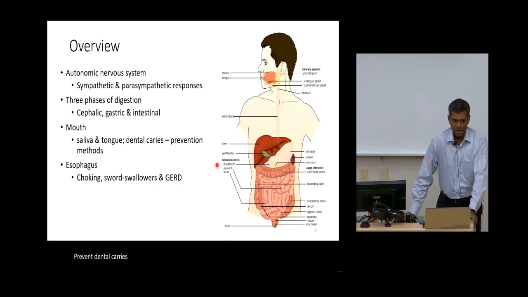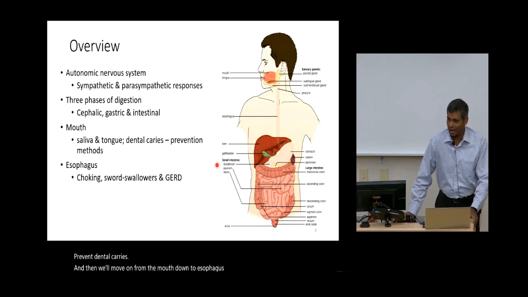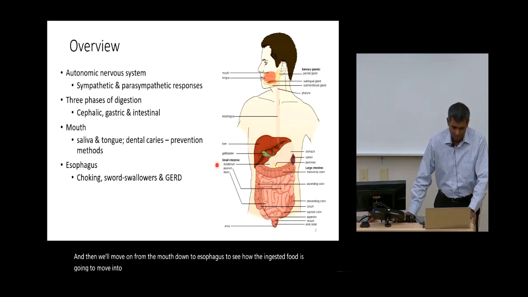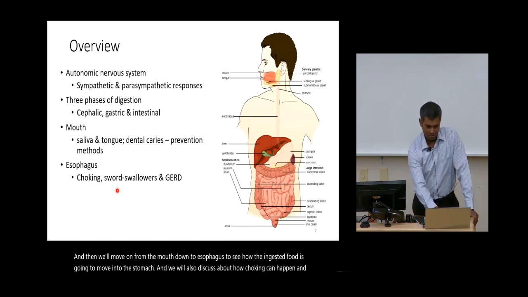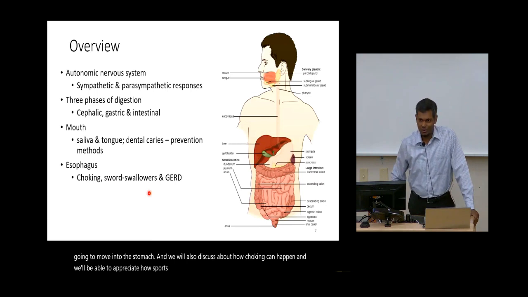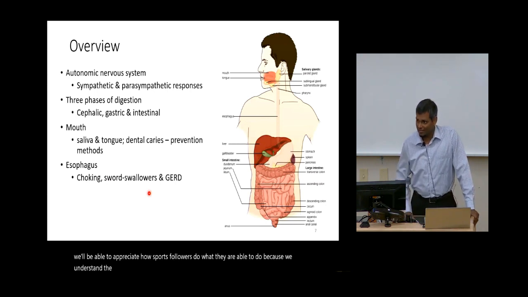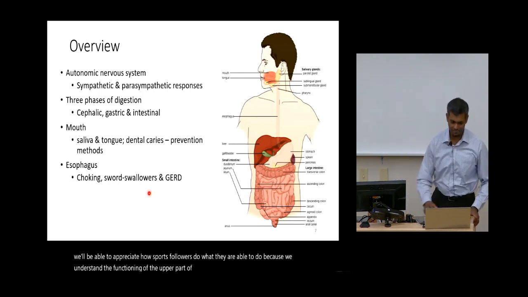And then we'll move on from the mouth down to the esophagus to see how the ingested food is going to move into the stomach, and we will also discuss how choking can happen, and we'll be able to appreciate how sword swallowers do what they are able to do, because we understand the functioning of the upper part of the digestive tract.